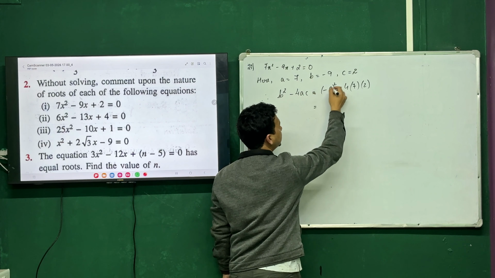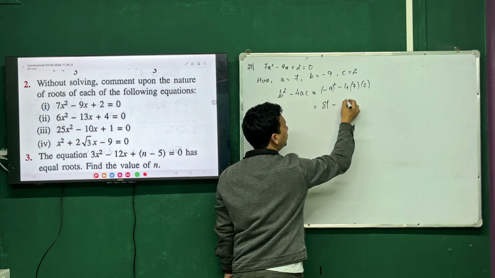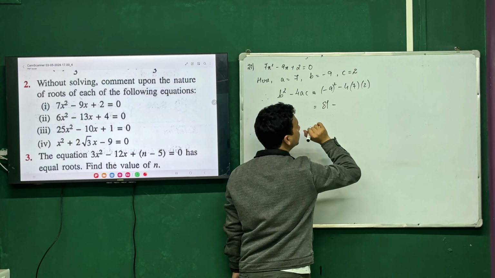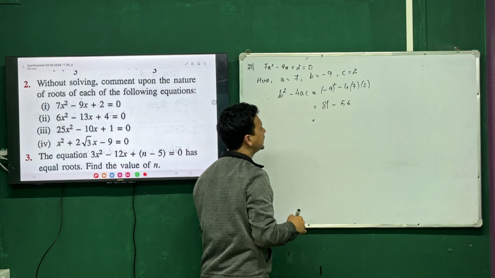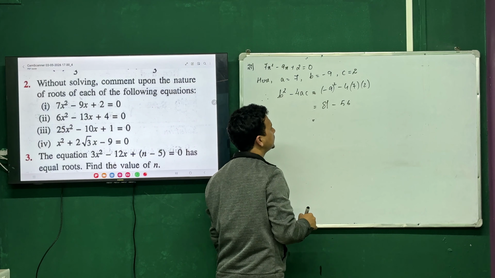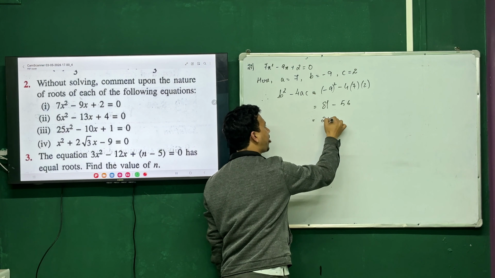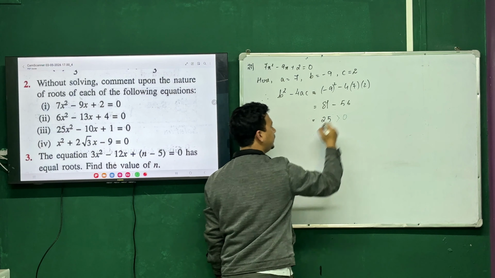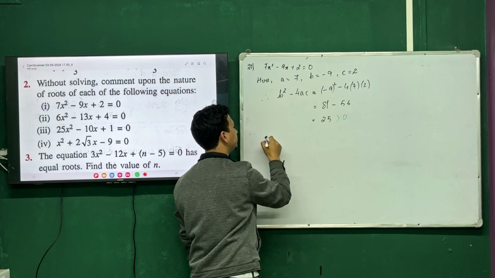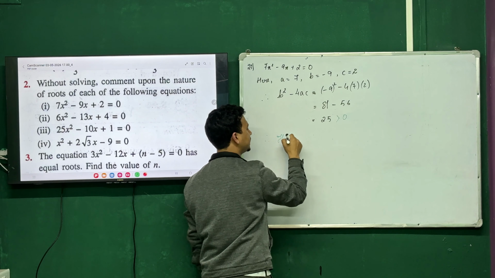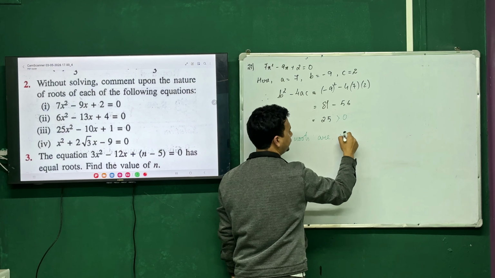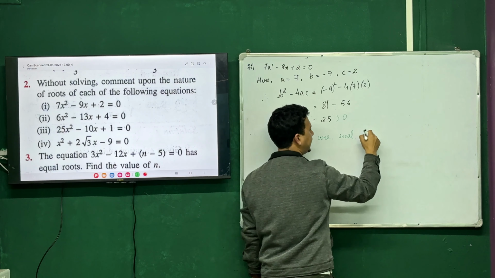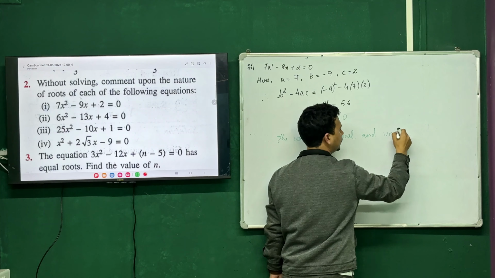Minus square is plus, 9 square is 81, minus 4 sevens are 28, 28 twos are 56. 81 minus 56 is 25, which is clearly greater than 0. Therefore, we can say that the roots are real and unequal.